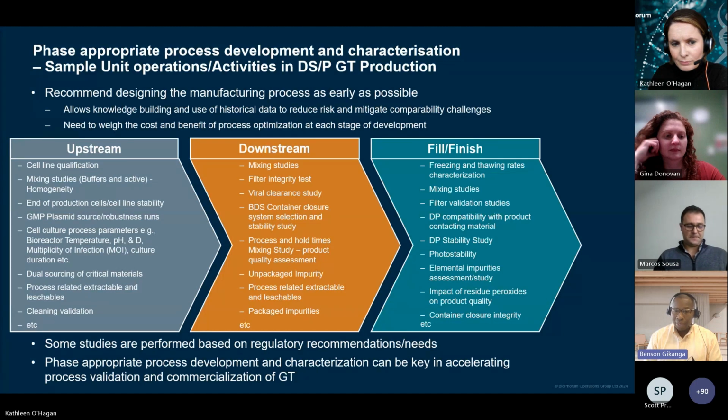In addition, I feel like a number of companies have done way more on gene therapy compared to cell therapy. And I think this kind of webinar is also a good starting point for people who are working on cell therapy to come together and hopefully start putting together some similar information as for gene therapy.